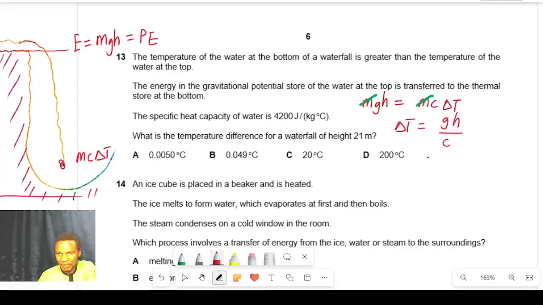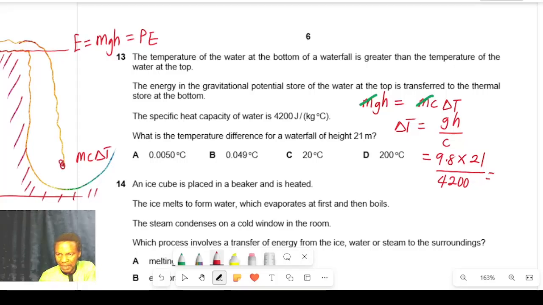delta t is equal to gh divided by C. So substituting, we have 9.8 multiplied by the height of the water, 21 meters, divided by the specific heat capacity of water, which is 4,200 joule per kilogram per Kelvin.